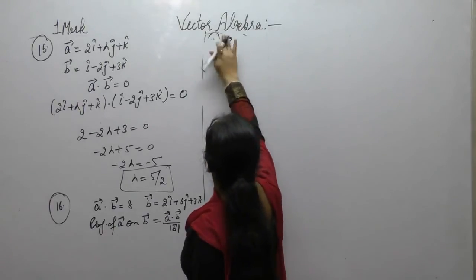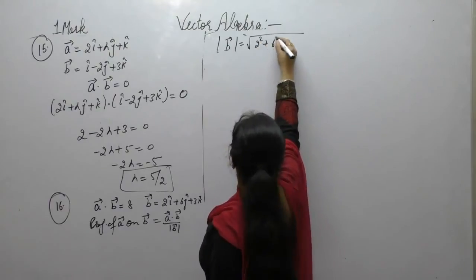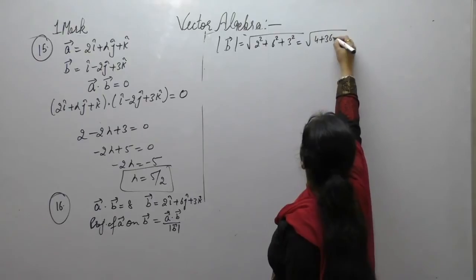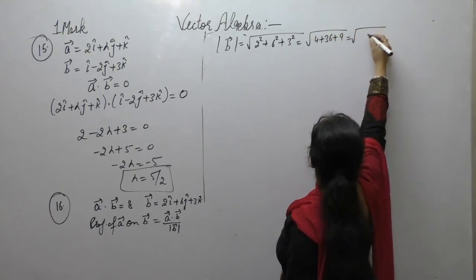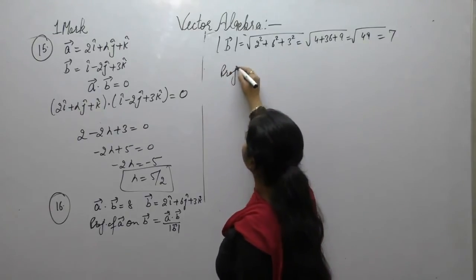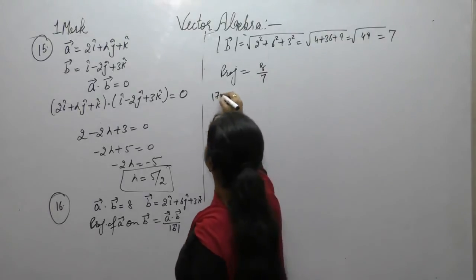So magnitude of B vector is square root of 2 square plus 6 square plus 3 square, that is 7. So projection of A vector on B vector is 8 upon 7.